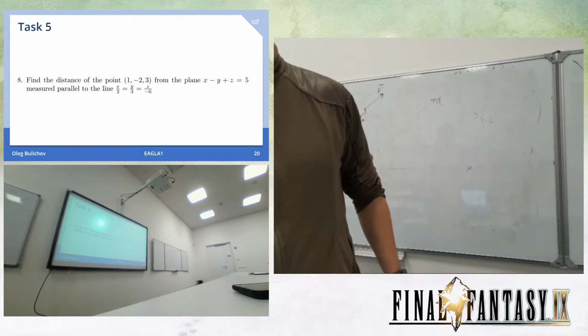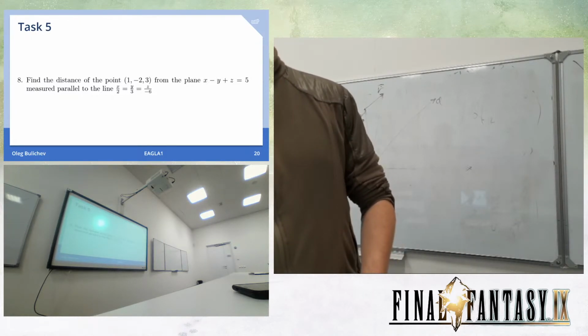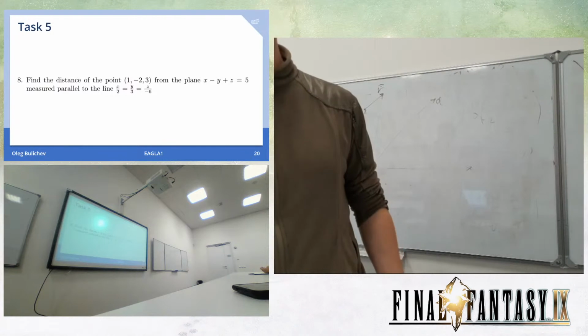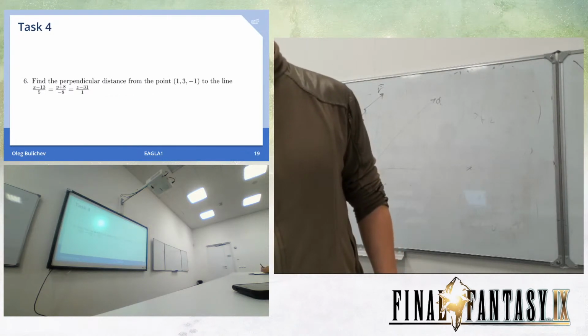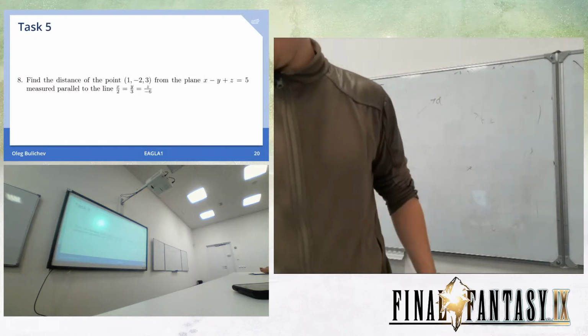In this one, find the distance from the point to the plane measured parallel to the line. You also need to play with planes again, and after this, solve the task. Not a big deal. If you need, I can provide you a solution for 8.1. I will send it to the chat. Okay, it seems that's it.